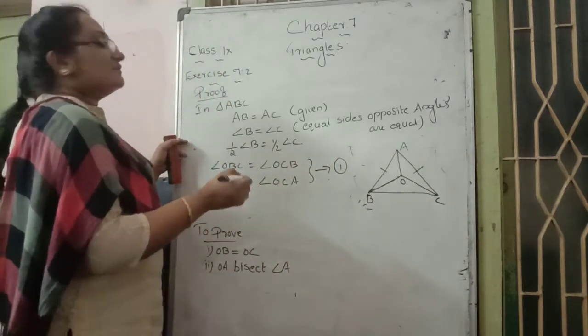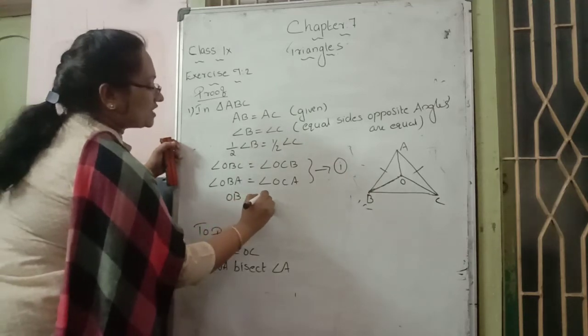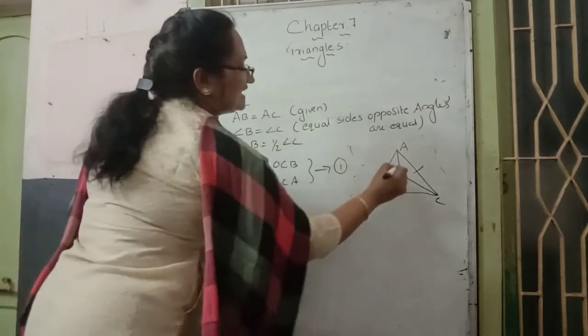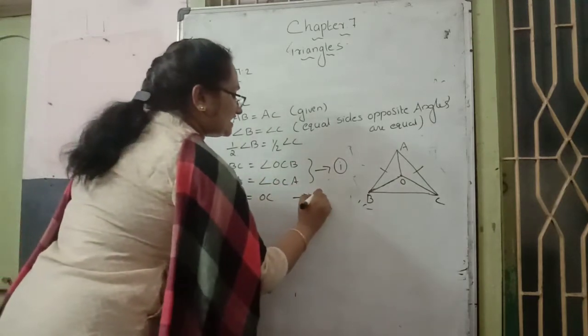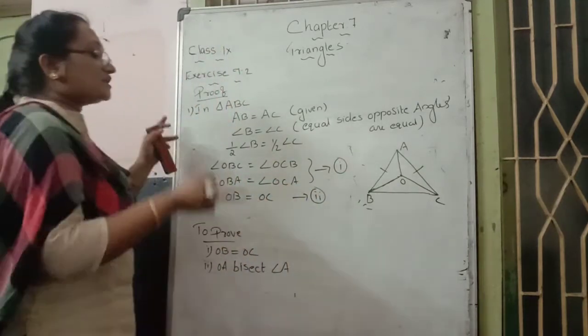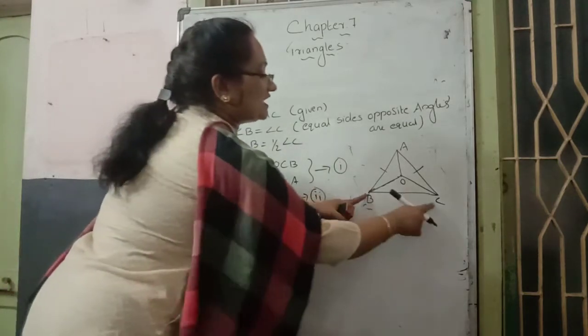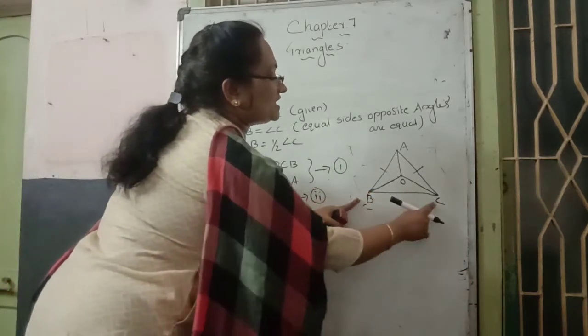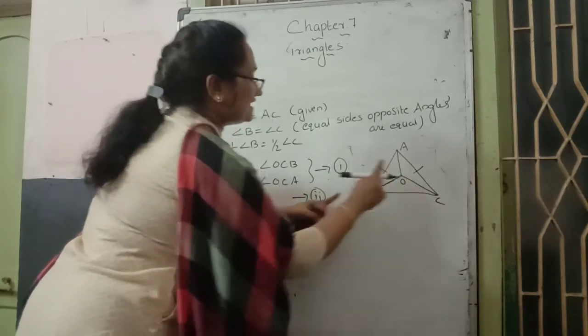That's why we can say OB side and OC line are equal. Why are we directly telling like that? Because sides opposite equal angles are equal. Which are the equal angles? Angle B and angle C. Which are the opposite sides? OB and OC.